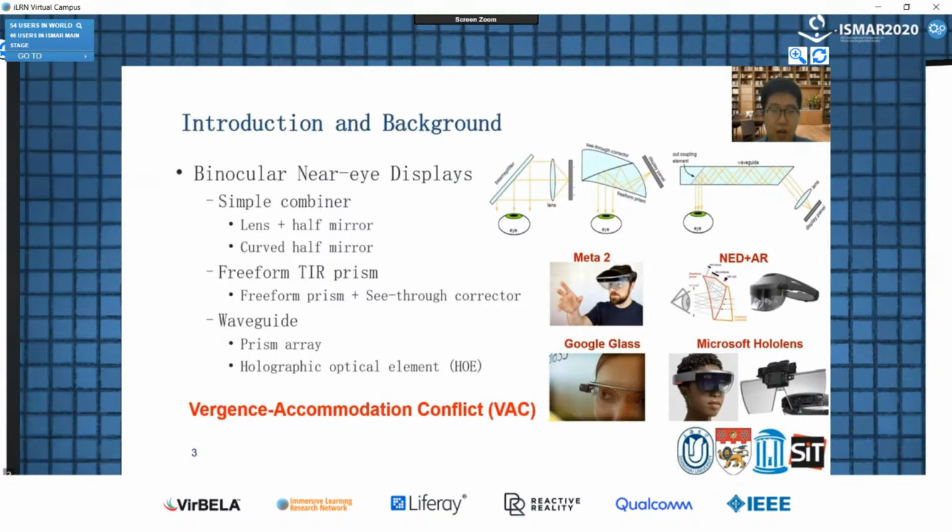But all of these near-eye displays, including most of the current commercial products, are based on the binocular parallax method. It means that each eye could only observe one 2D image, not similar to how people watch the real world. The accommodation depth does not match the vergence depth in this case. So long-term wearing may cause visual fatigue for the user.